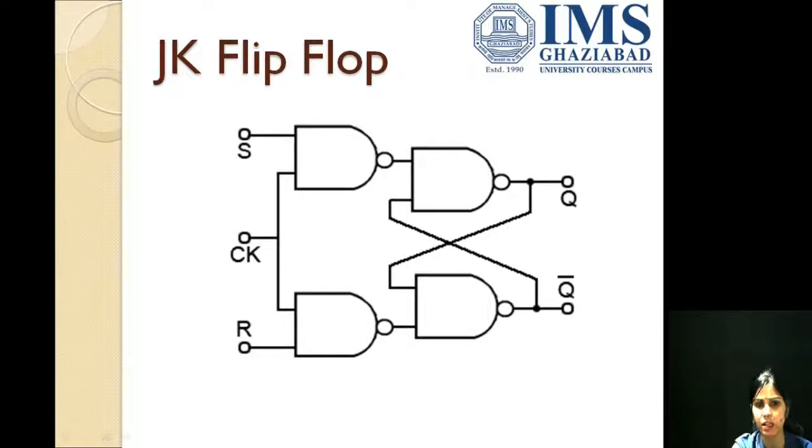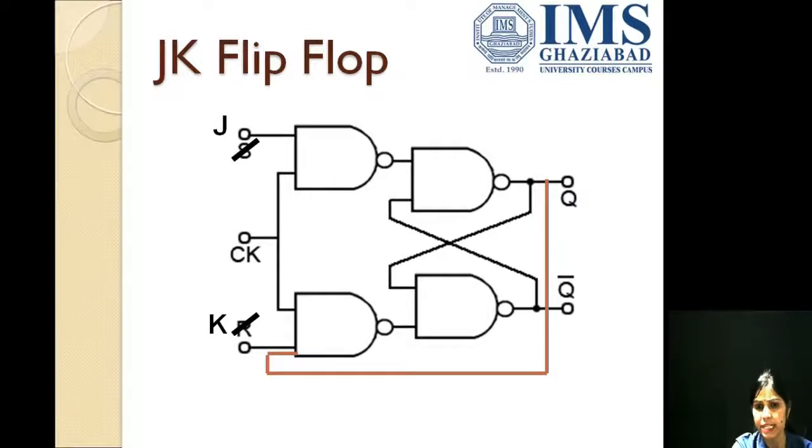The S input is converted to J input, the R input is converted to K input, and the output from output Q is given as a feedback to the NAND gate with the input K, and the output Q bar is given as the input to the NAND gate with the input as J as the input. This is how a JK flip-flop is designed.